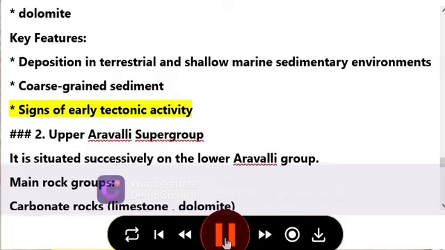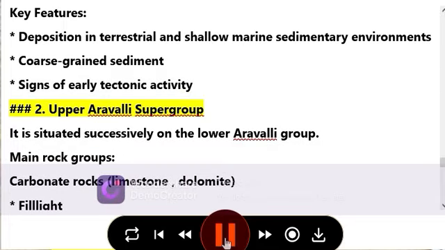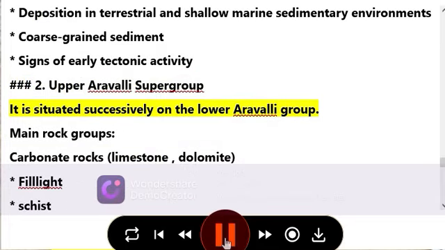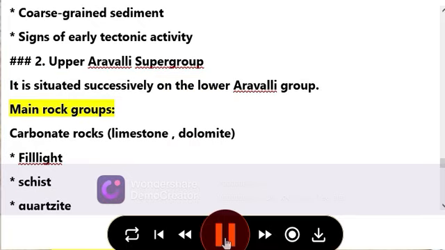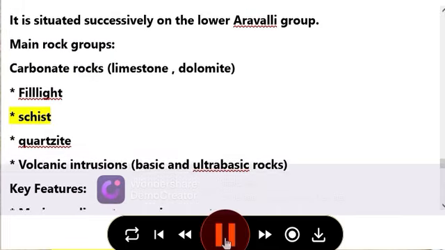Key features: deposition in terrestrial and shallow marine sedimentary environments, coarse-grained sediment, signs of early tectonic activity. 2. Upper Aravalli supergroup. It is situated successively on the lower Aravalli group.